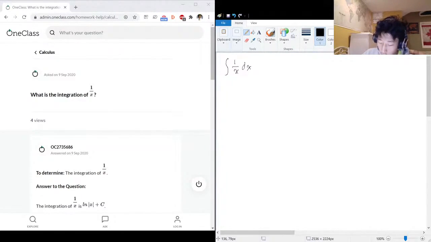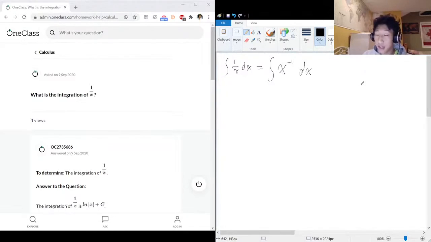Okay, so we know that this is equivalent to the integral of x to the -1 dx. And we know that the reciprocal is the same as raising something to the power of -1. Now normally we would add 1 to the power and then have a coefficient in the front.